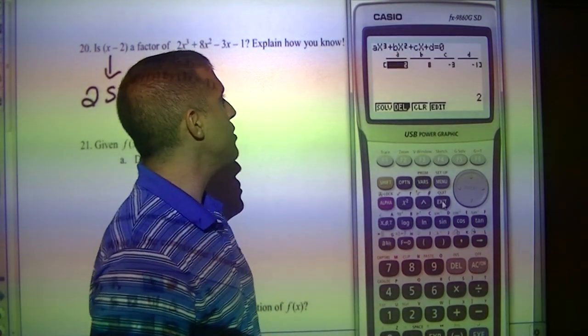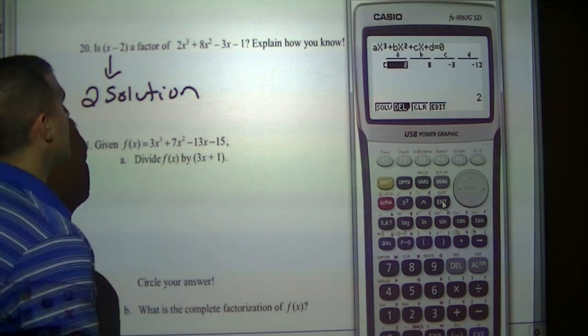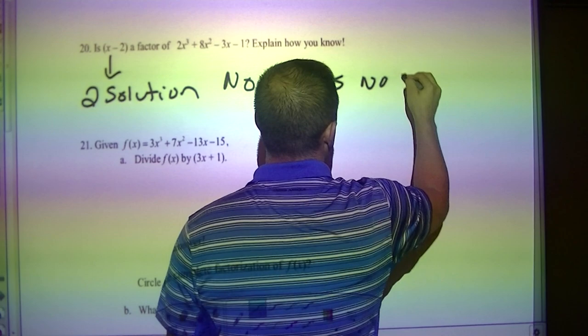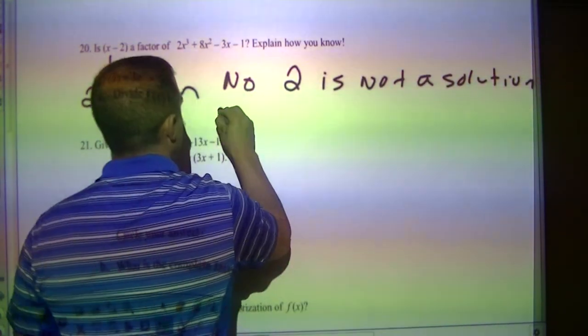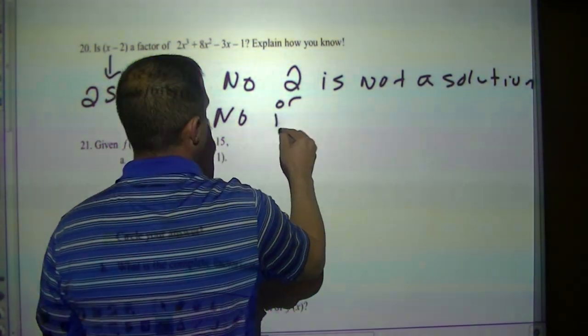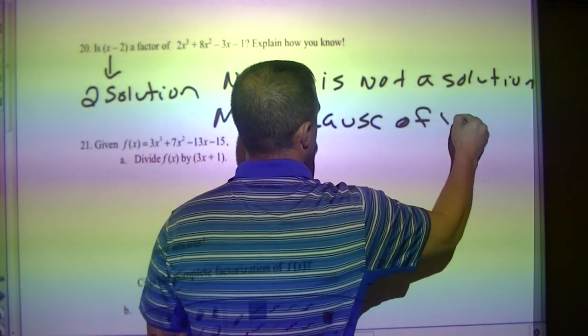The other way you could do it is divide this and see if there's a remainder. So that answer is no. 2 is not a solution. Another type of answer would be no, because there's a remainder.